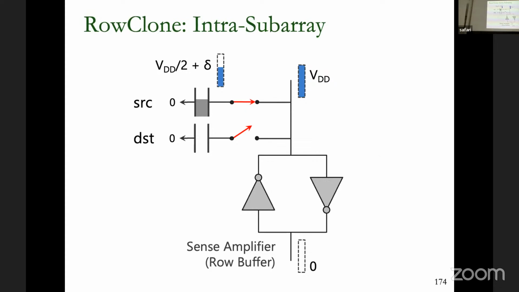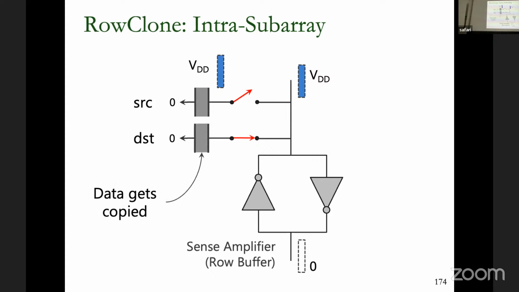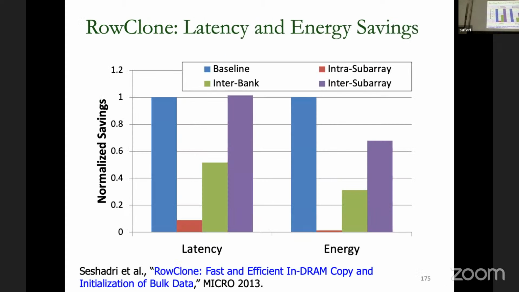The second activate connects the cells in the destination row to the bit line and the sense amplifier. The amplifier is stronger and pushes the data that was previously latched to the destination cells, allowing the row copy.